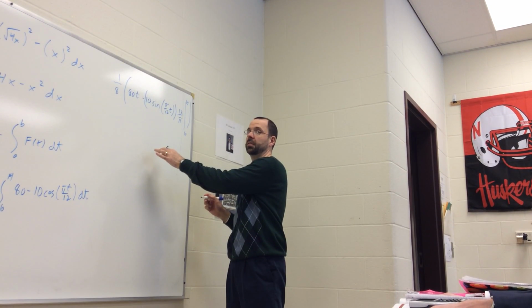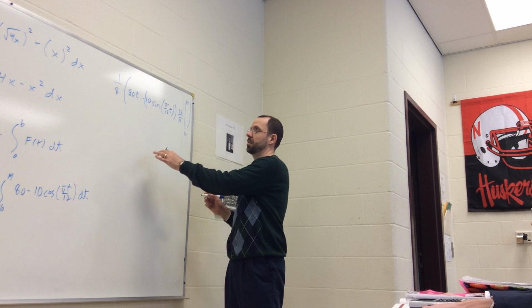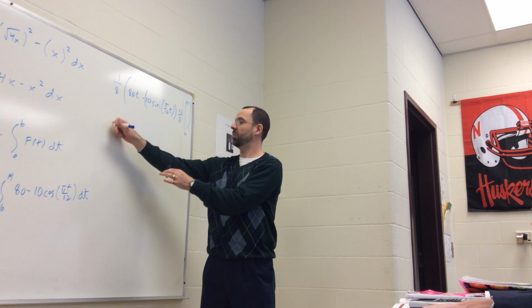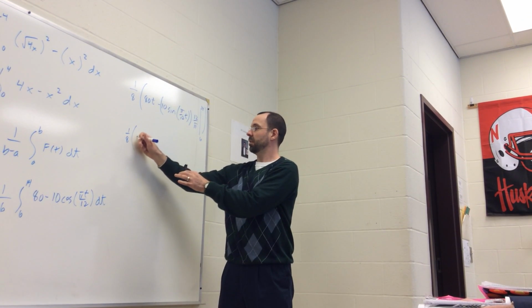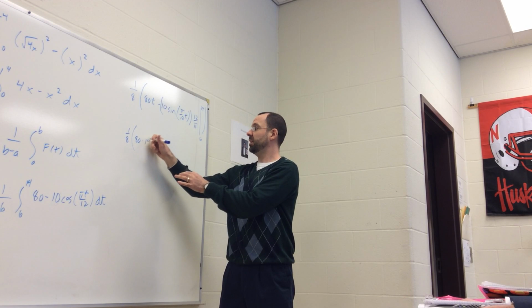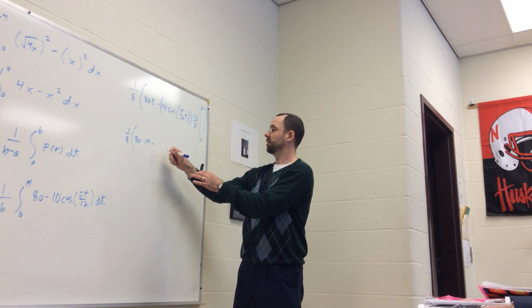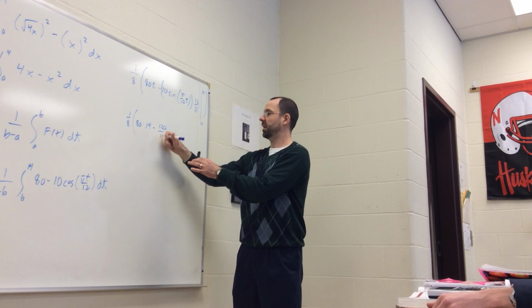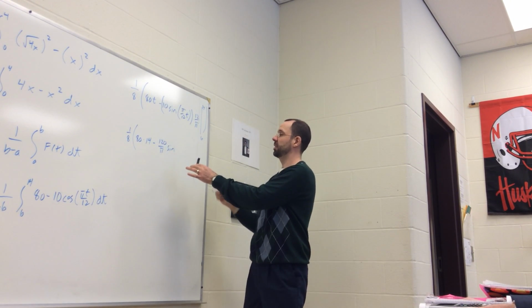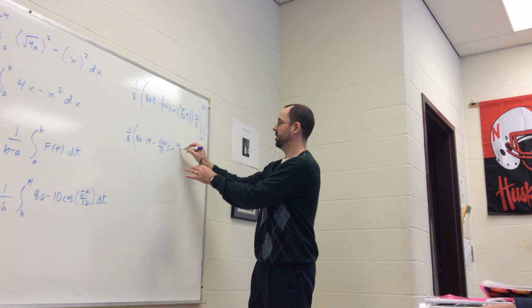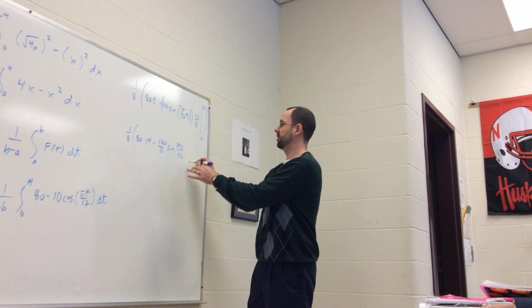You okay? Oh, I see where I'm making a mistake. Okay. Yeah, sure. So that's 1/8 times 80 times 14 minus 120 over pi times the sine of 14 pi over 12.